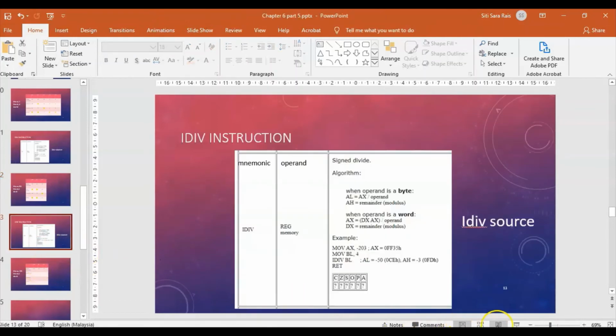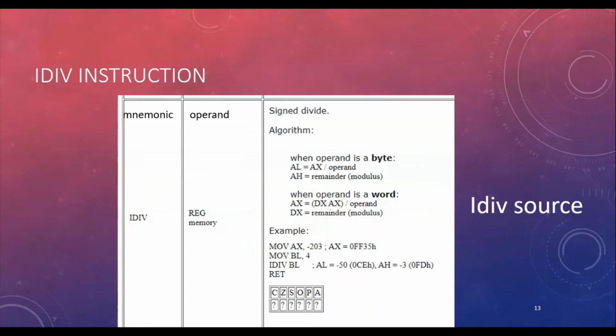Then we go to the IDIV instruction. It involves signed numbers. For the byte operation, AX will be divided by the operand, which is in byte, and the quotient is saved in AL, with AH being the remainder.